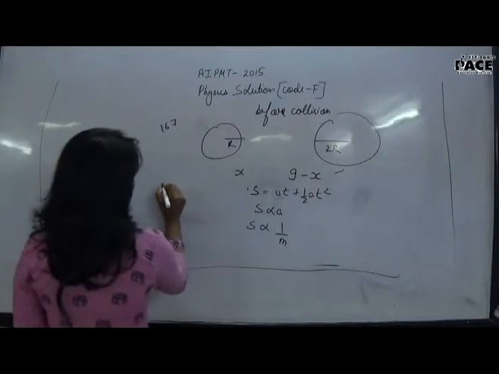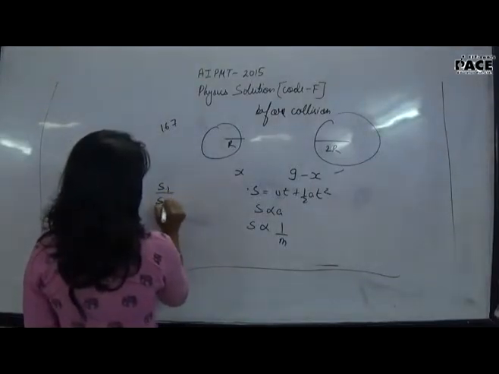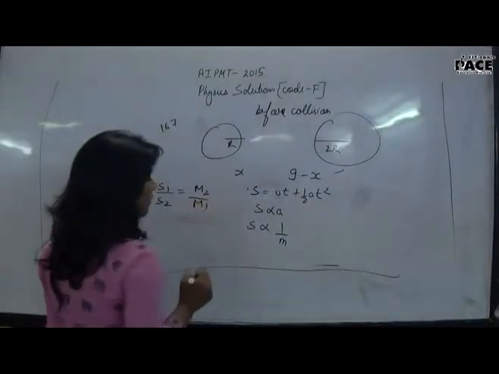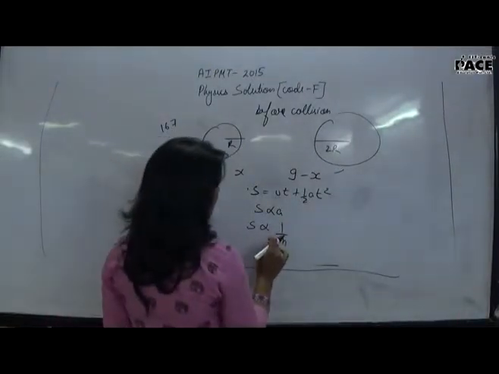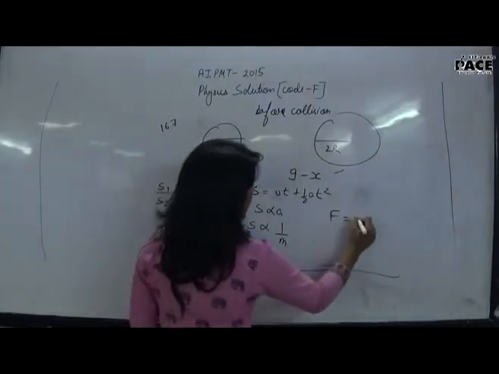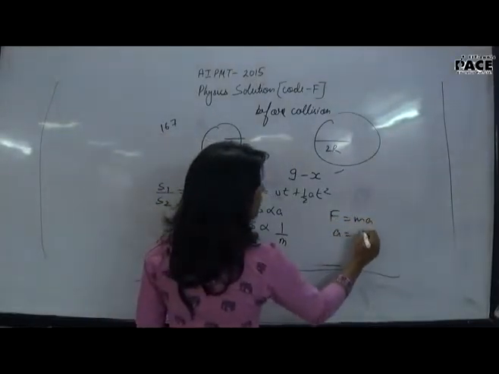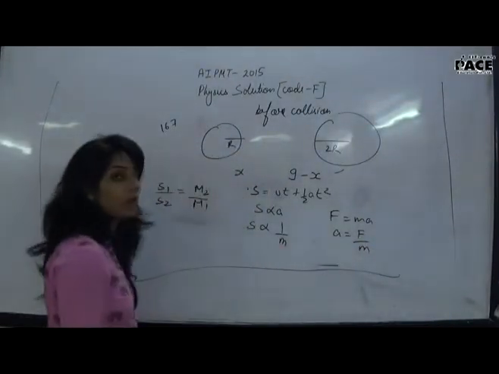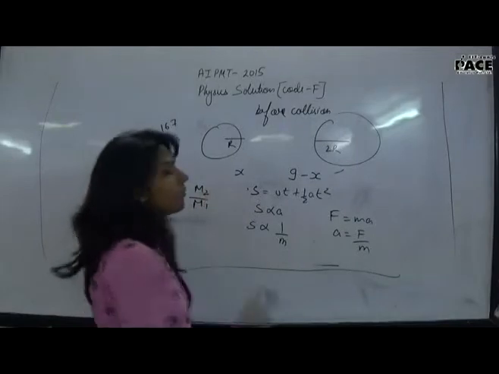Then S1 upon S2 equals M2 upon M1, because acceleration is force upon mass, and acceleration is inversely proportional to mass because the force exerted by both of them will be the same.